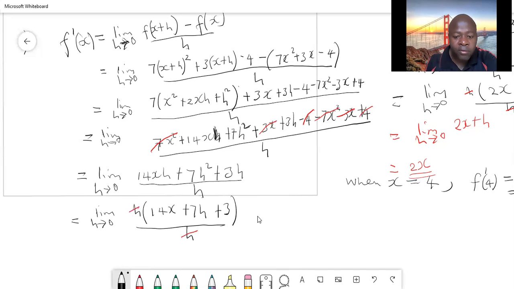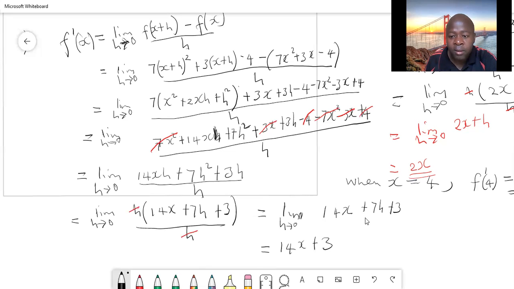We'll be left with the limit as h tends to 0 of 14x plus 7h plus 3. At this point, since there's no danger of division by 0, we plug in h equals 0 to get the answer as 14x plus 3, since this one becomes 0.